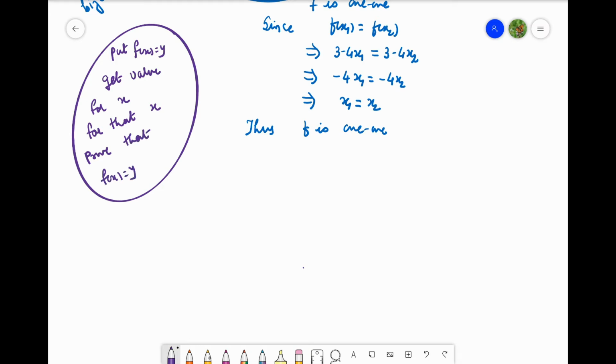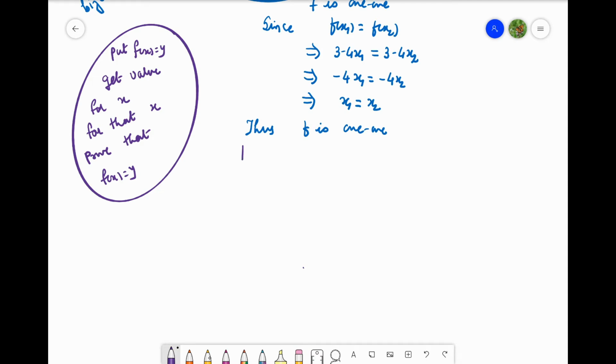So this is the method to show that f is onto. For each y belongs to codomain, there must exist x belongs to domain. So to find such x, put f of x equal to y, get expression for x, for that x show that f of x equal to y.